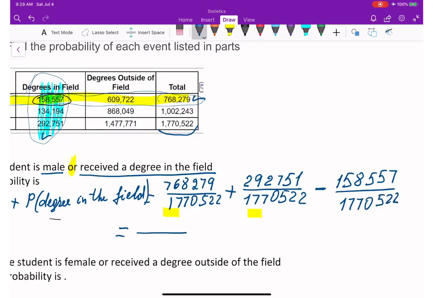Now I can calculate. So if you put the numbers in calculator, then you would get 0.509. So do you understand this?